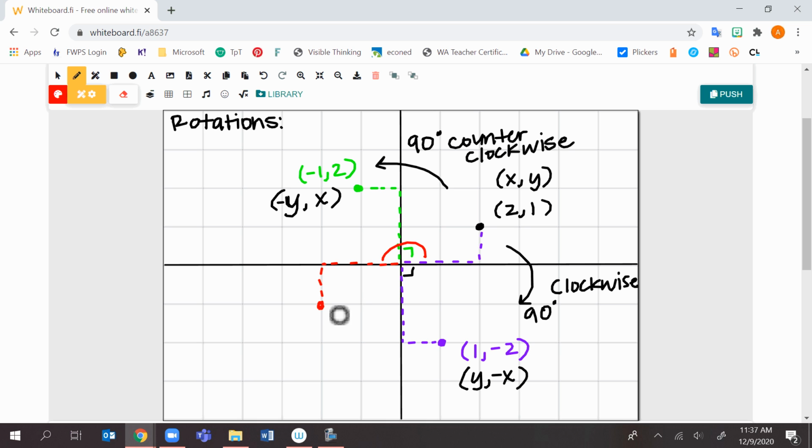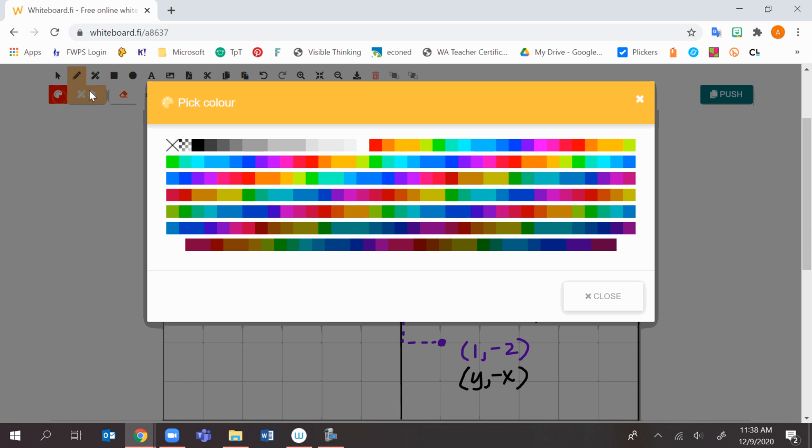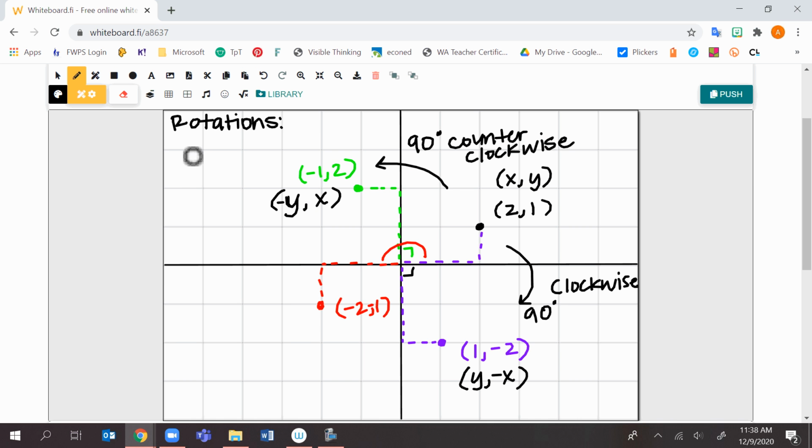And this point is now at -2, comma 1. Okay. So noticing that my 2 and my 1 stayed in the same place, but, oh sorry, this is also -1. But now both of my values have changed to the opposite side.